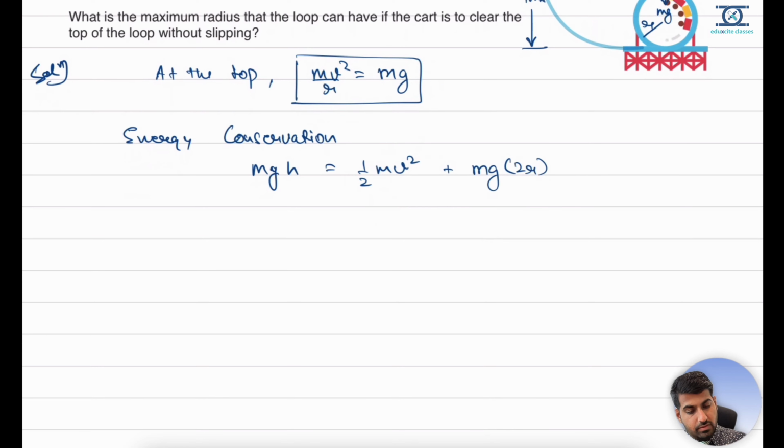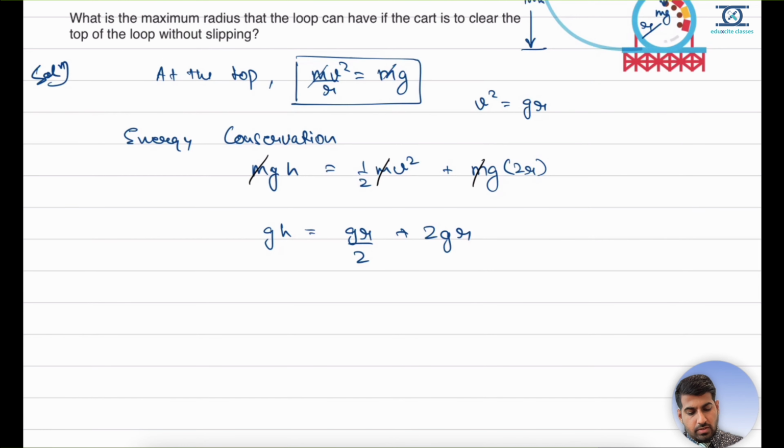Okay, so using this we can find the relation for v, or v square can be written as m, and m gets cancelled, it will be g times r, right? And in this equation, this m and this m get cancelled, so we got g h equals to v square, I am placing as g r by 2, plus 2 times g into r.